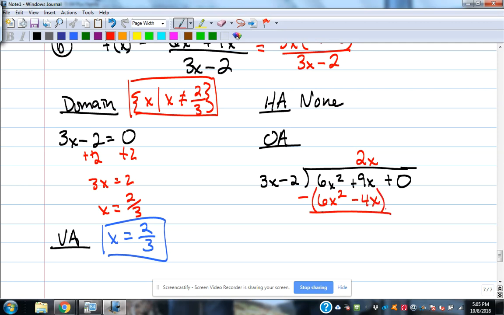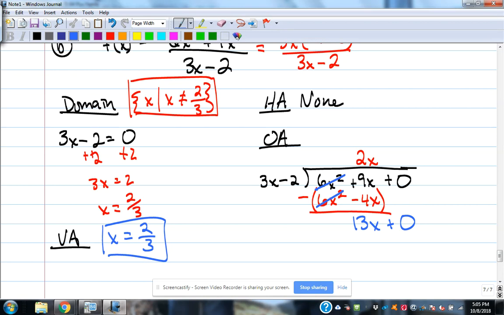Parentheses and subtract. The x squareds cancel. That's what I wanted to happen. And then I end up with 9x minus negative 4x. What is 9x minus negative 4x? 13.